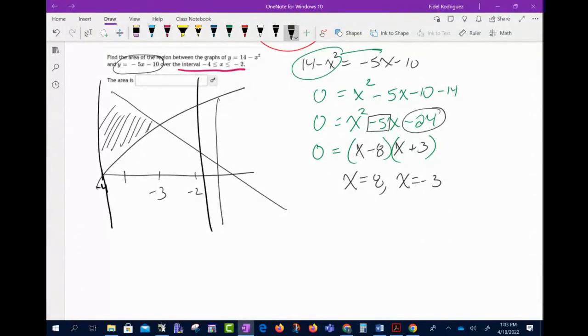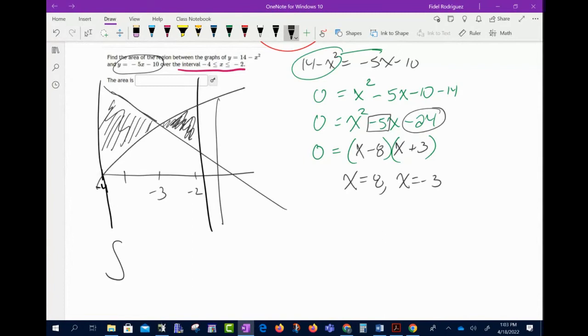Well, hold on. We're looking for the area between the two curves, right? So isn't the area between the two curves that area right there? Okay. So this part here, isn't my line my top function?